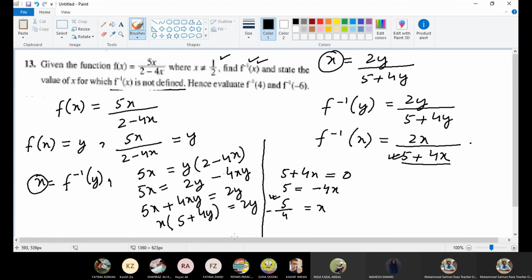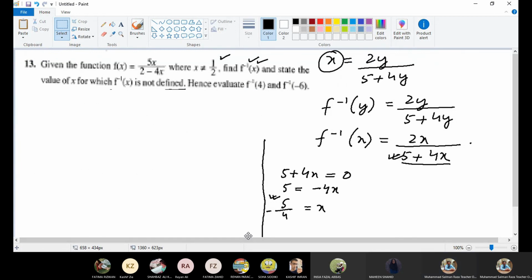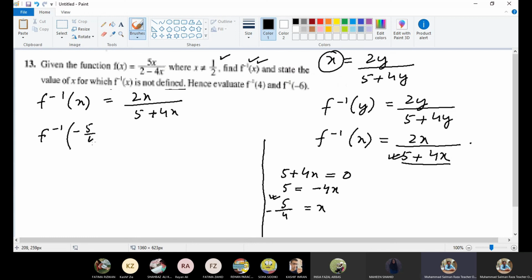Now, how will we prove that the function is going to be undefined? Look at it over here. You can see that the inverse of the function is 2x upon 5 plus 4x. Now I am going to place the value minus 5 over 4.